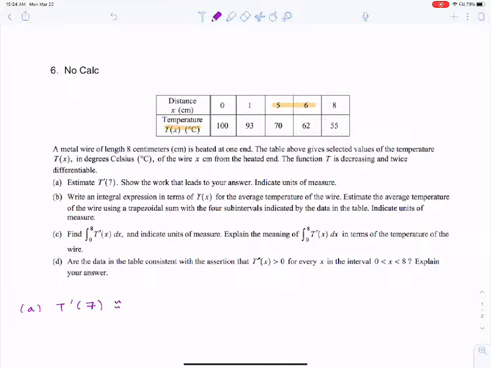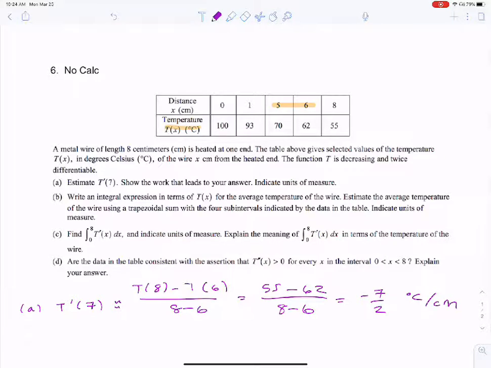So it is T of 8 minus T of 6 over 8 minus 6, which is 55 minus 62. Like I said, I did part of this this morning, so I should not have made that mistake. But excellent catch.